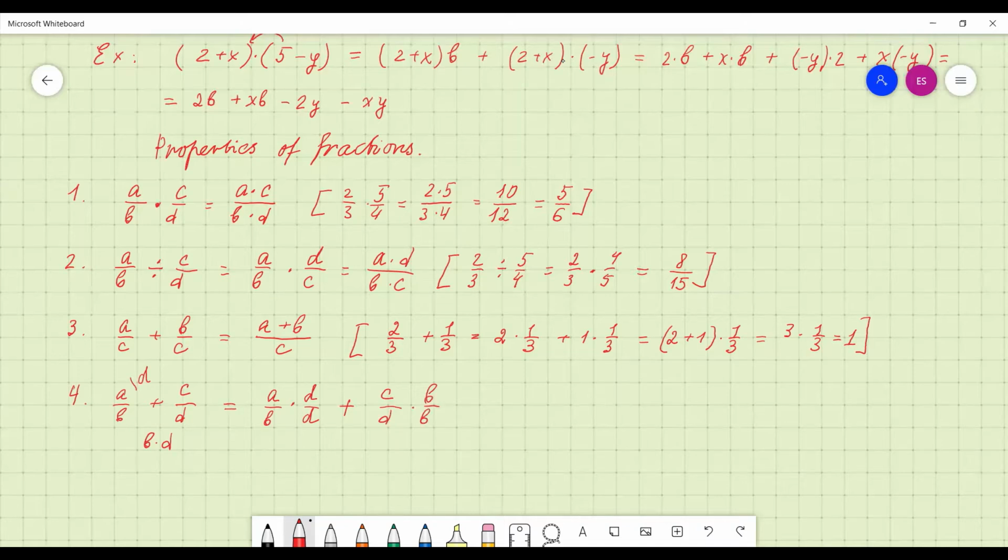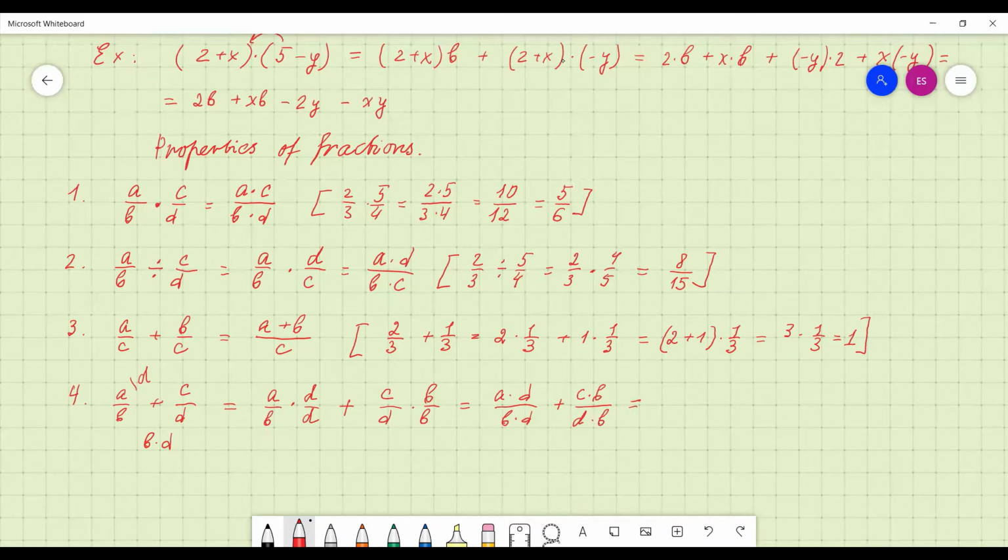So again, I'm not changing the fraction by multiplying by d over d because it equals 1 and also b over b equals 1. But now if I use rule number 1, a multiplied by d and denominator is bd plus c multiplied by b and denominator is, I'm going to switch d and b because I want to make it eventually the same.